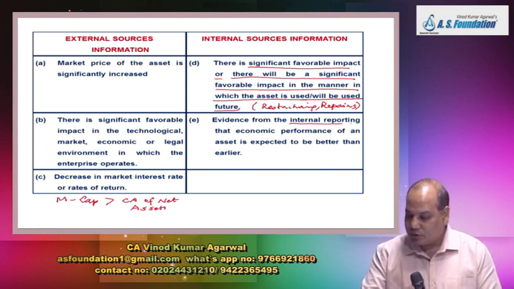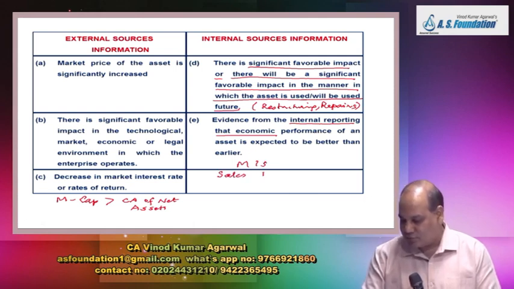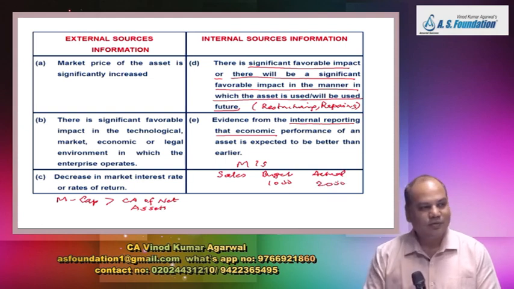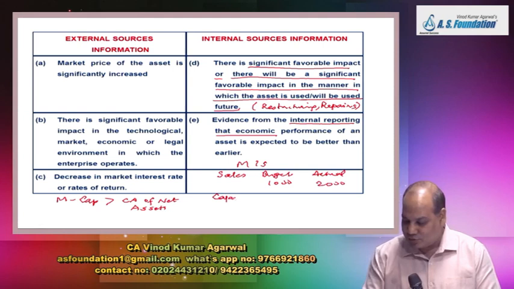Then MIS, Management Information System. Sales budget 1000 units, actual 2000 units. Capacity used: budget 80%, actual 90%.